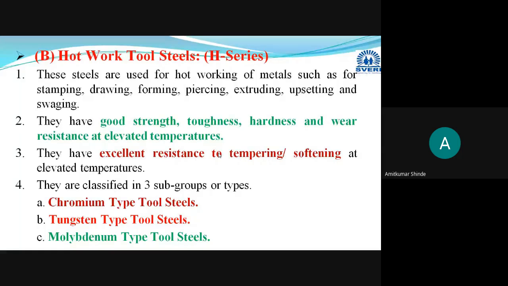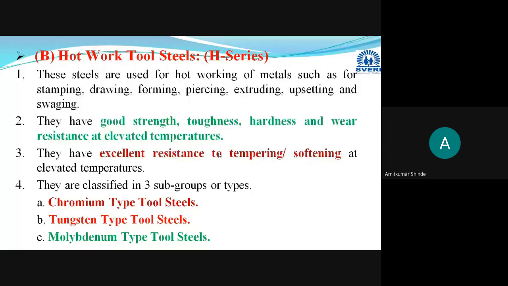The steels used for making the dies or different tools used in these processes, for removing material or doing various operations, are termed hot work tool steels.